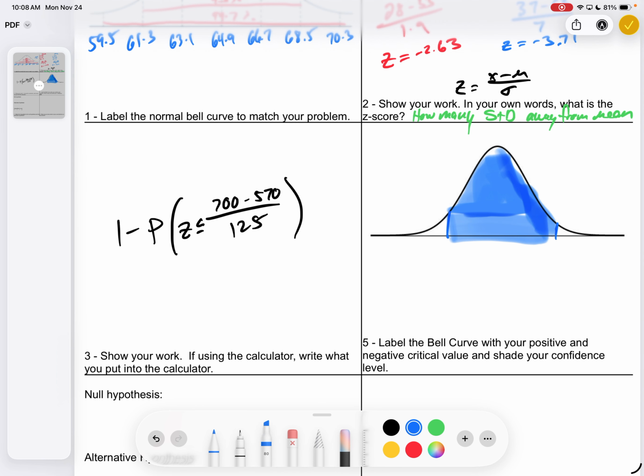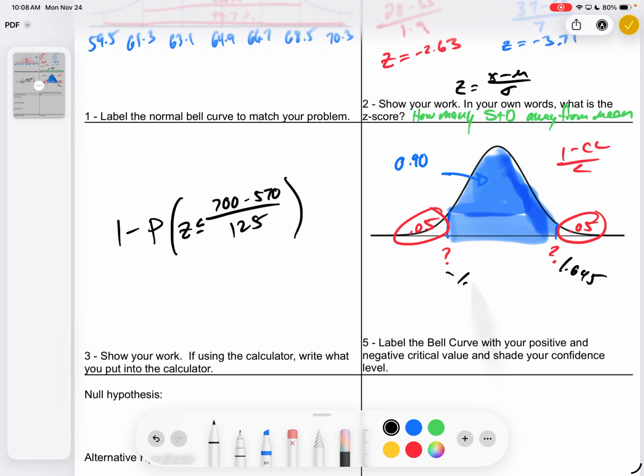Okay, so this is saying that this is 90%. So that leaves 10% on the outside. So this would be 5% and 5%. That's where the 1 minus the confidence level divided by 2 comes in. What we're trying to figure out is what number goes here. And that chart tells us the one that goes with 5% is 1.645 or negative 1.645.